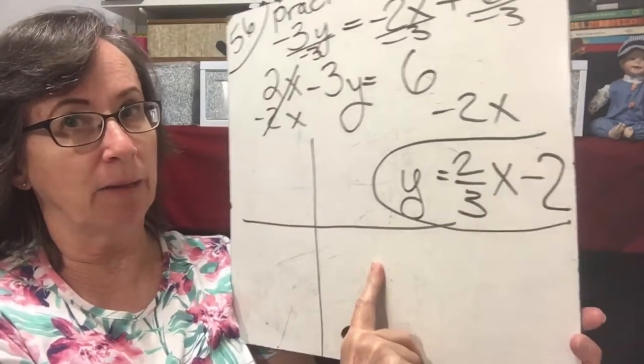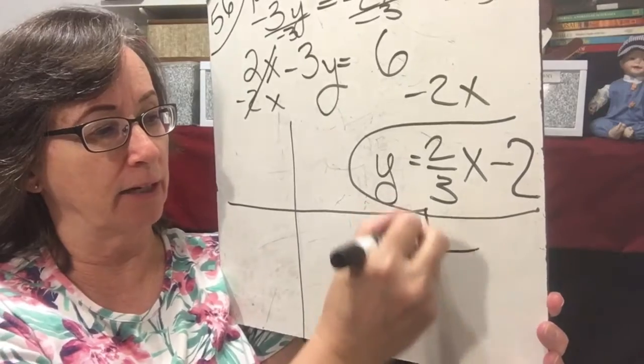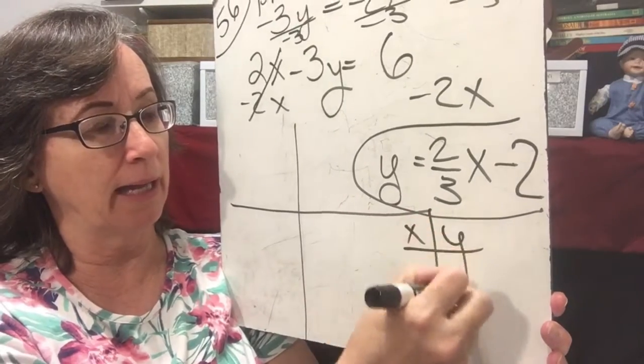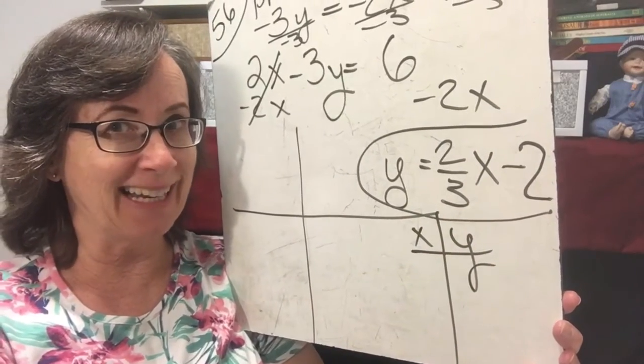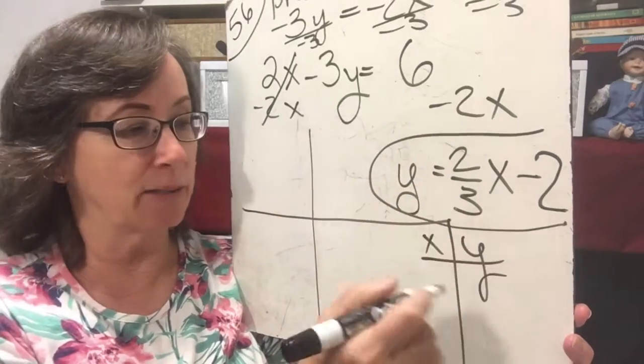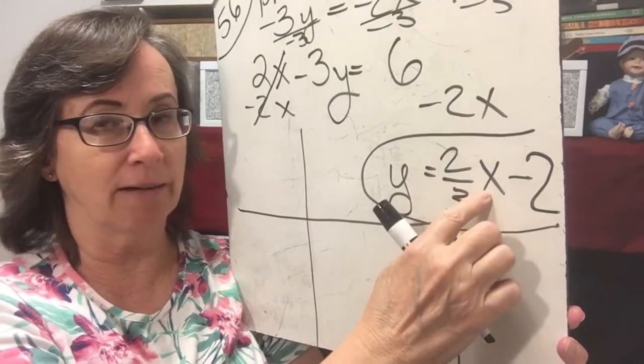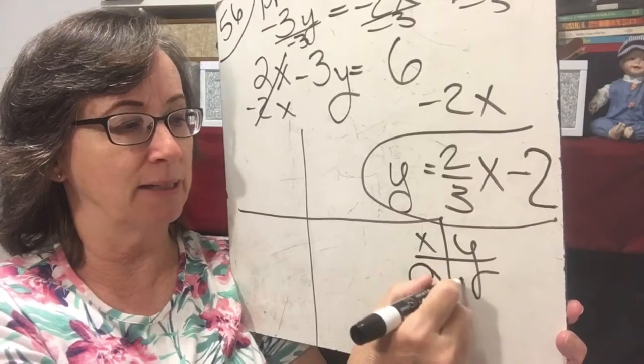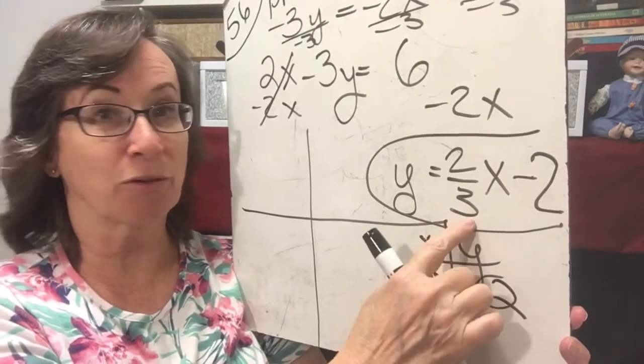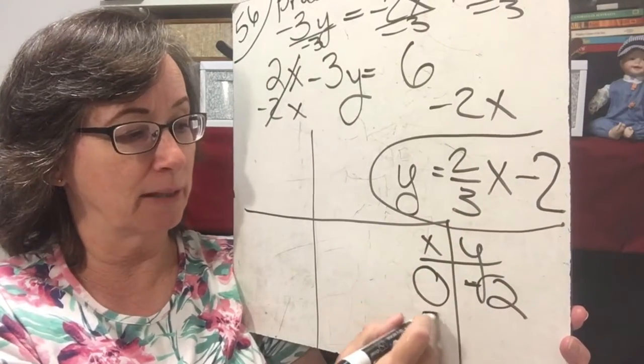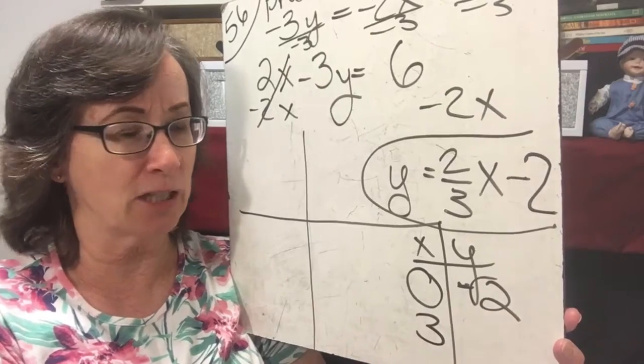We're going to go ahead and make a grid plot here. So we got x and y. Let's pick friendly numbers. 0 is always a friendly number. 0 minus 2 is negative 2. 3 would be a friendly number because I don't want to be left with fractions.